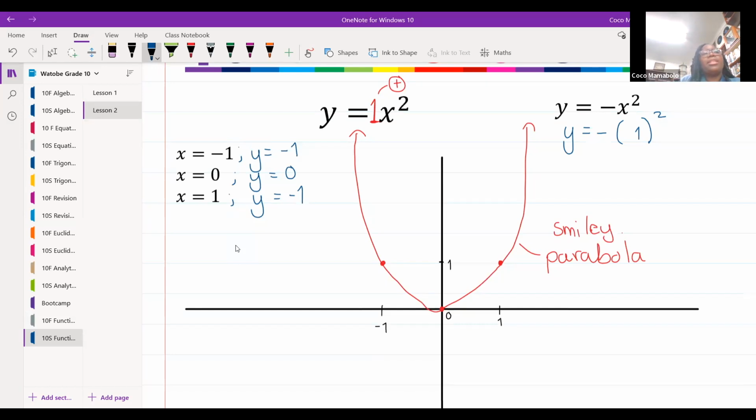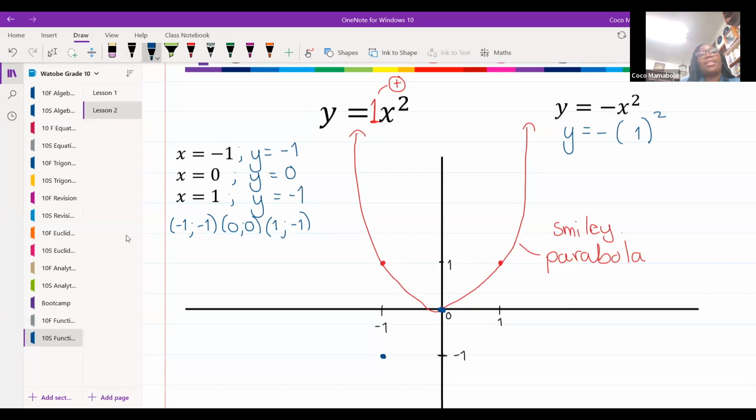All right, now we can plot these 3 points. I've got negative 1 and negative 1, 0 and 0, and 1 and negative 1. I know that there's a point at 0 and 0 right in the middle. And then at x is negative 1, y is negative 1, so they meet there.